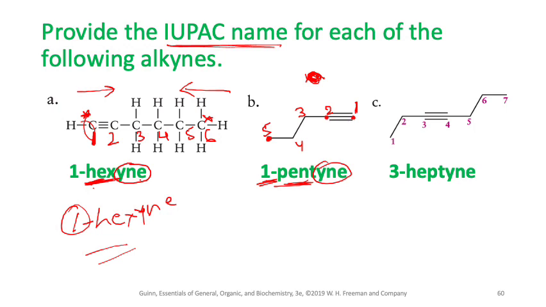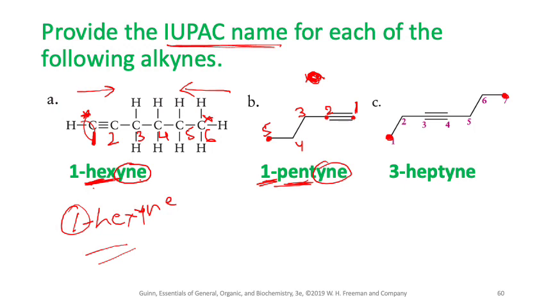So now again we have a problem. We can start the counting over here, or we can start the counting from here. Can I start counting from the center carbon? No. If the triple bond or a double bond is not present on the corner carbon, you cannot start counting from the center carbon to give the number 1. So you have to decide which end to start counting from so that the triple bond will get the lowest number.